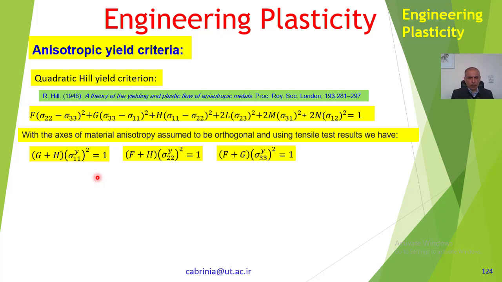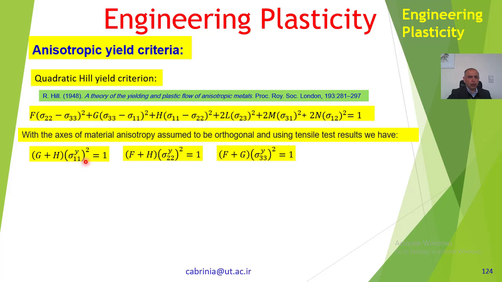Supposing we take the specimen along the x-axis or axis 1. We have three axes called 1, 2, 3, or x, y, z. If we take them along axis 1, then all the other stresses are 0 because we have a uniaxial tensile test. So we have only sigma 11.